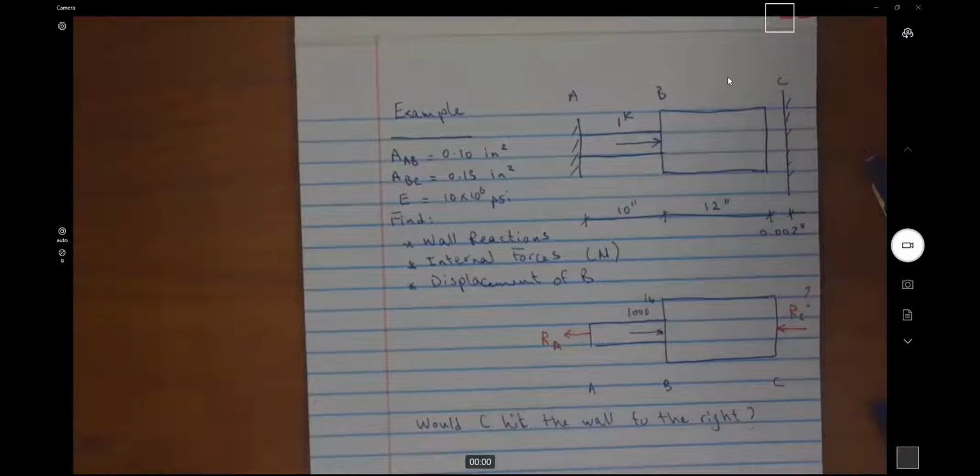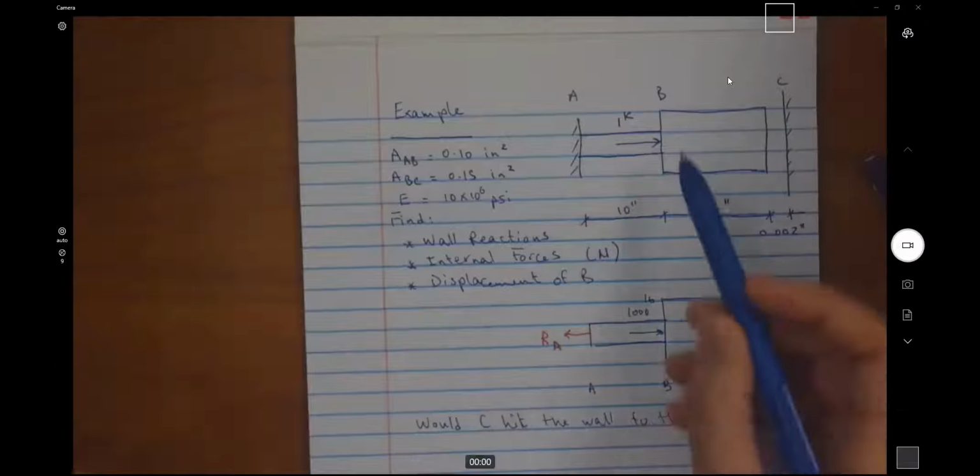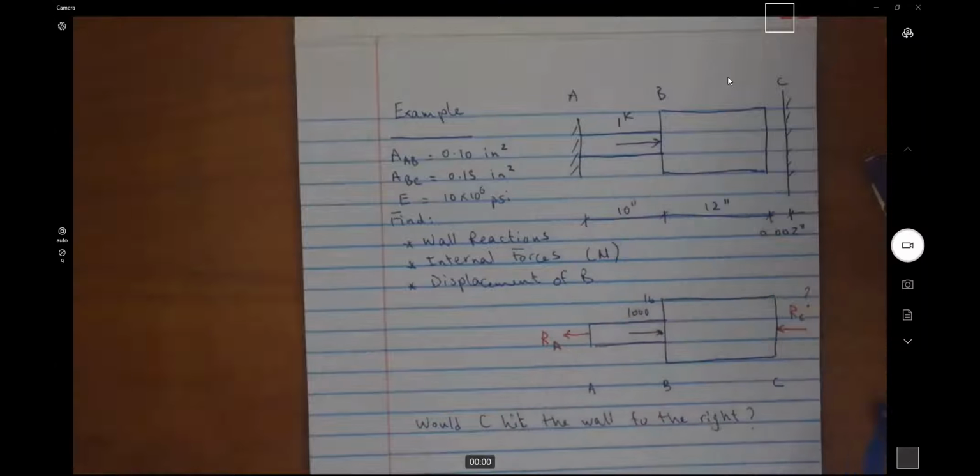So then what governs how far C is going to move? Not exactly the reaction at A, but of course the fact that it is being held at A. So really what's going to govern how far it moves is how much AB is going to stretch. So can we find how much AB is going to stretch?